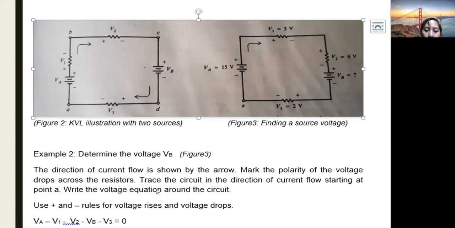Write the voltage equation around the circuit: VA, the voltage applied, minus voltage drop 1, minus voltage drop 2, minus voltage drop B, minus voltage drop 3 should always be equal to 0.